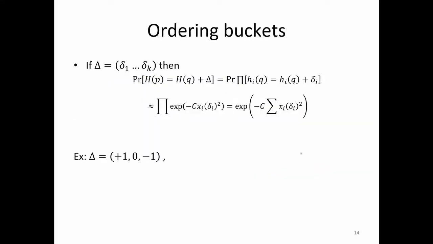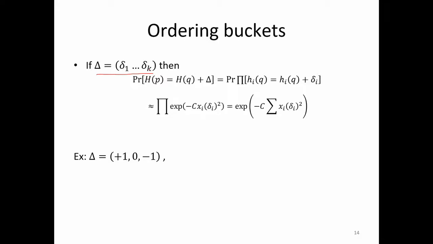Suppose this is the case, then you take this k-dimensional delta vector. Each of the coordinates is independent.